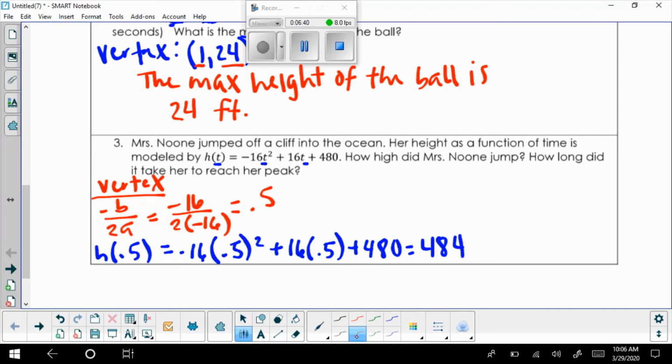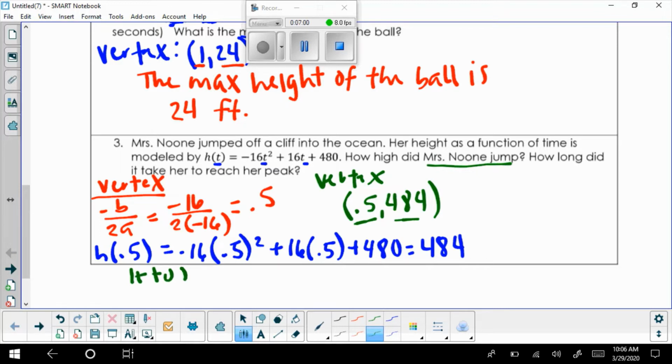So from that, that was our vertex, 0.5, 484. So how high did Miss Noon jump? How long did it take her? So my x is my time, my y is my height.